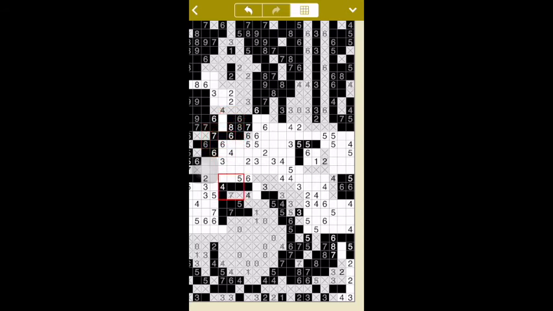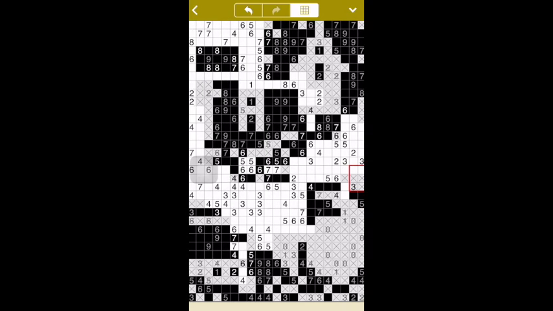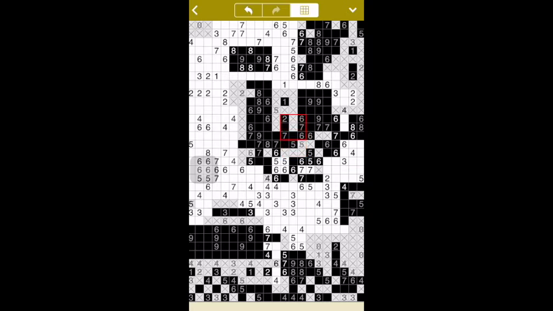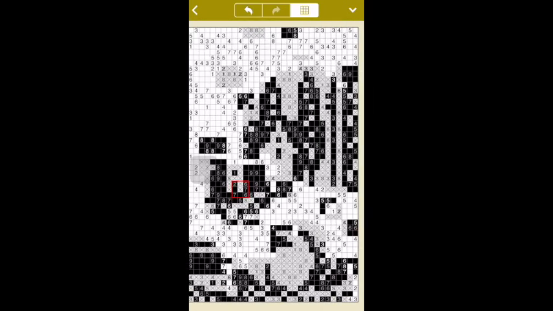Anyway, so let me just continue. You may not be able to spot them right away, but as you spend more time doing these puzzles, you spot them easier. The more you play, the easier it is to spot those moves.